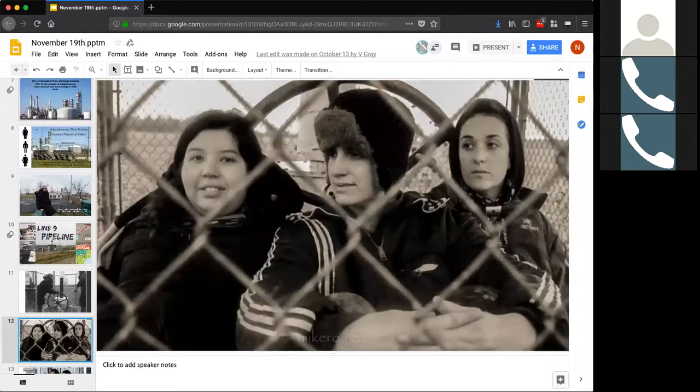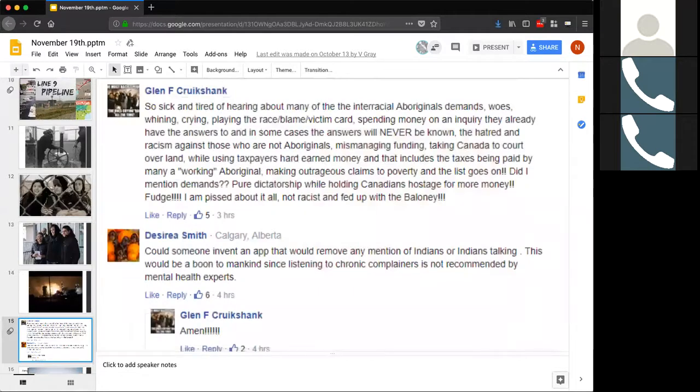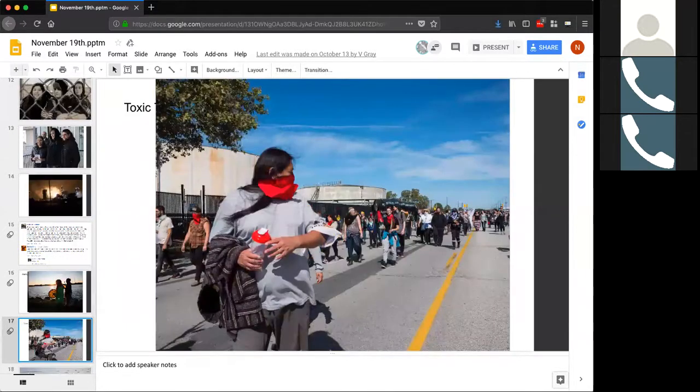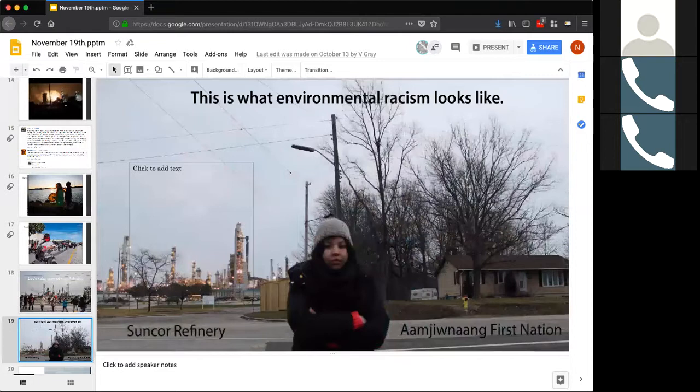These pipelines go to other communities, and there should be ways of networking and communicating with each other so we can strengthen our messages as frontline communities. There's so much to go into with all my slides. They're just to give an idea of what I'm talking about. Yeah, I'll end it there. I think that was my 10 minutes.